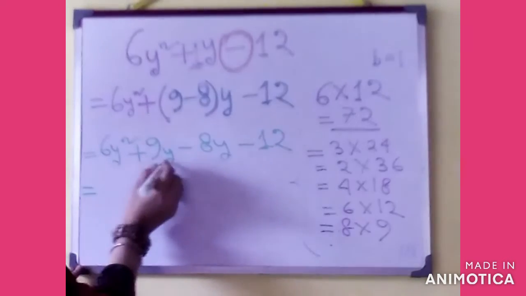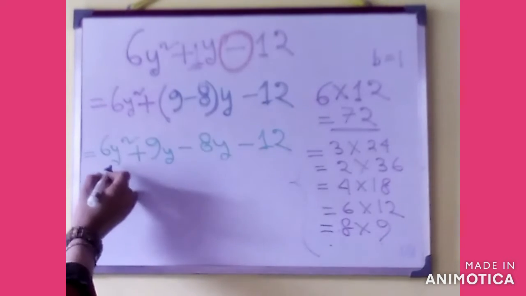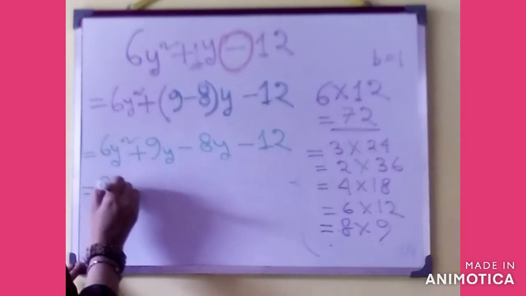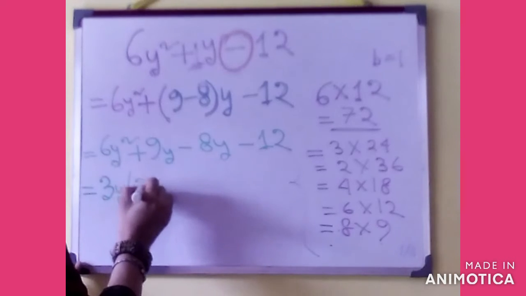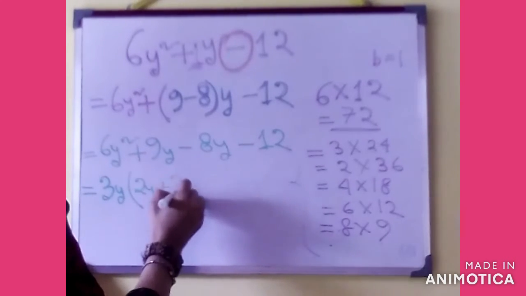Now from the first two terms, we are taking the common factor. Here the highest common factor will be y in both the cases and 3. So I am taking 3y as a common factor, and then from the first term I am getting 2y plus 3 from the second term.